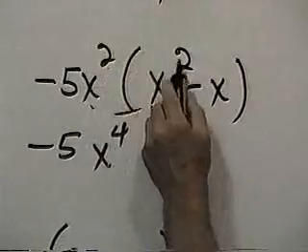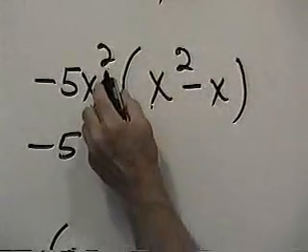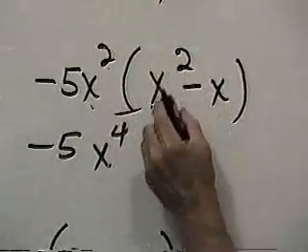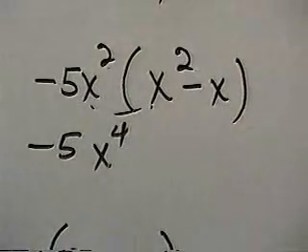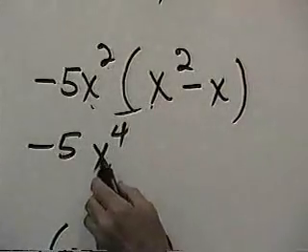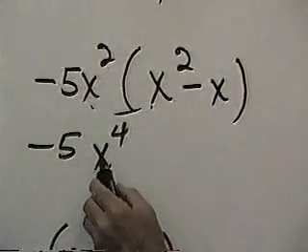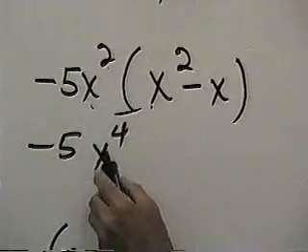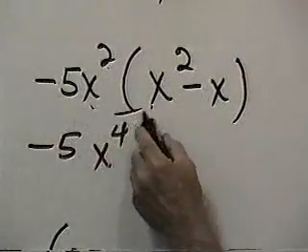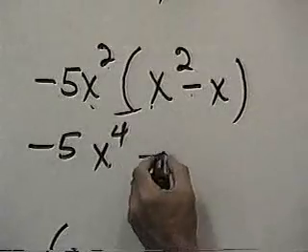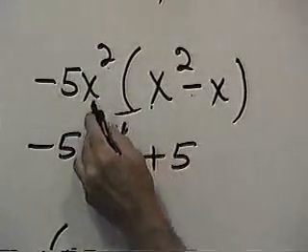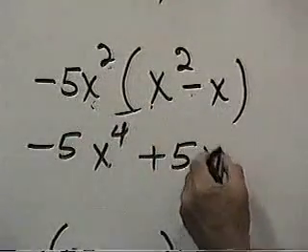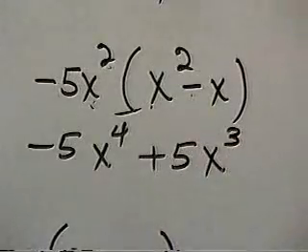You're not multiplying 2 times 2 to get 4. You're saying I have 2 of these x's, 2 more of those x's, which will make 4 x's. X to the 4th power. X times x times x times x. All right, now minus 5 times a minus 1 is a plus 5. And x squared times x is x cubed.